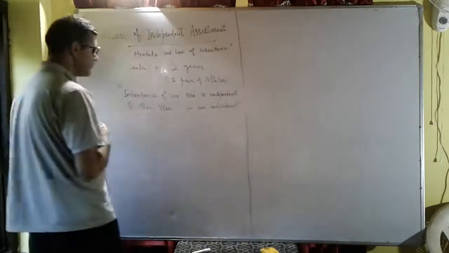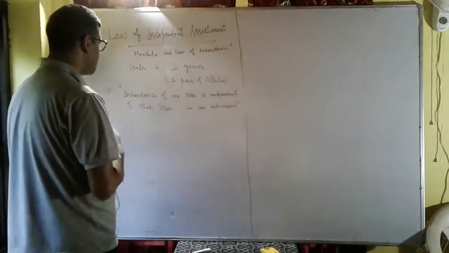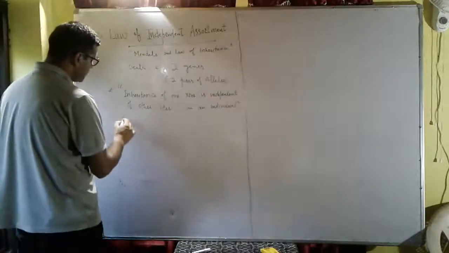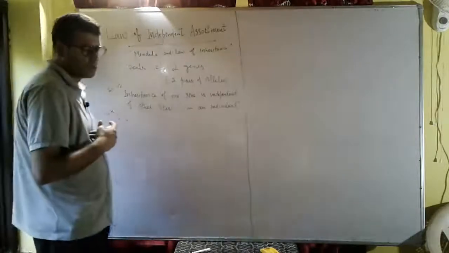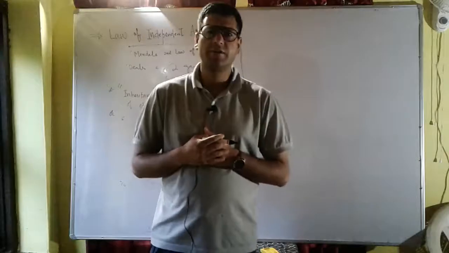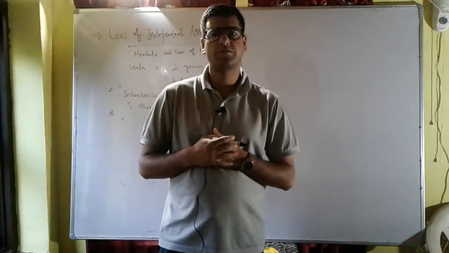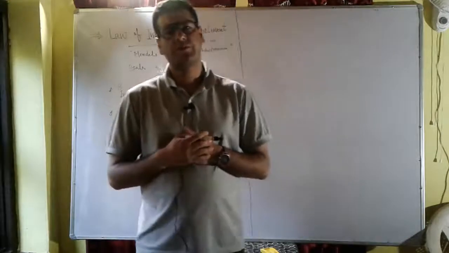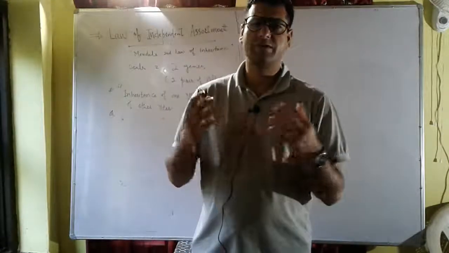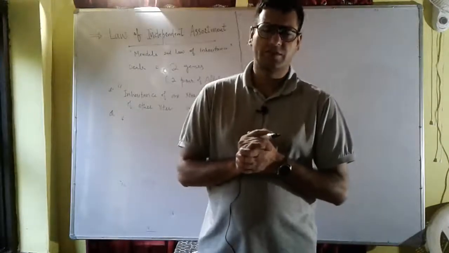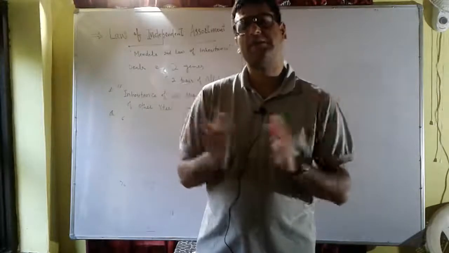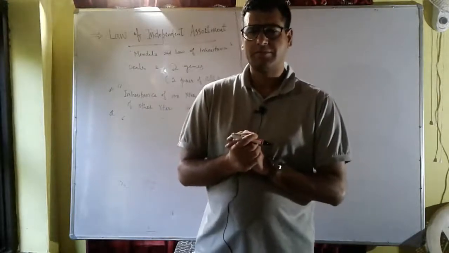Or we can say that the two genes assort independently of each other at the time of gamete formation. As this law deals with two genes, the two genes assort independently of each other at the time of gamete formation.